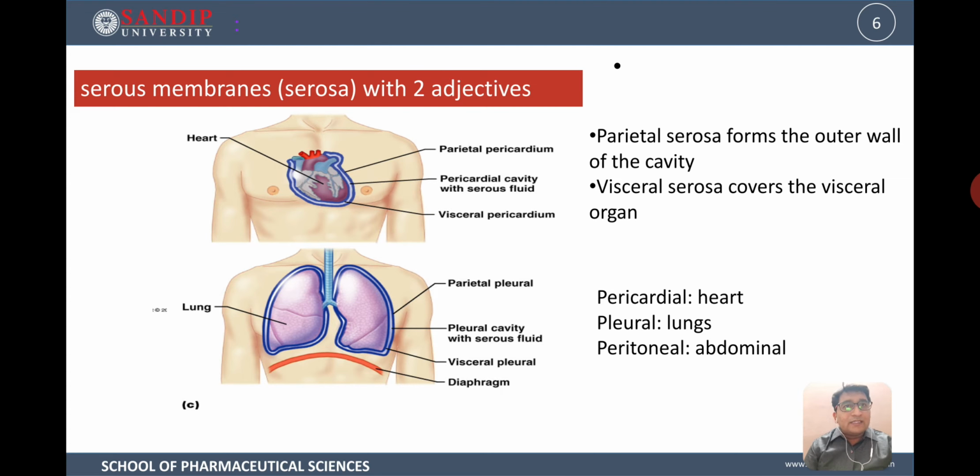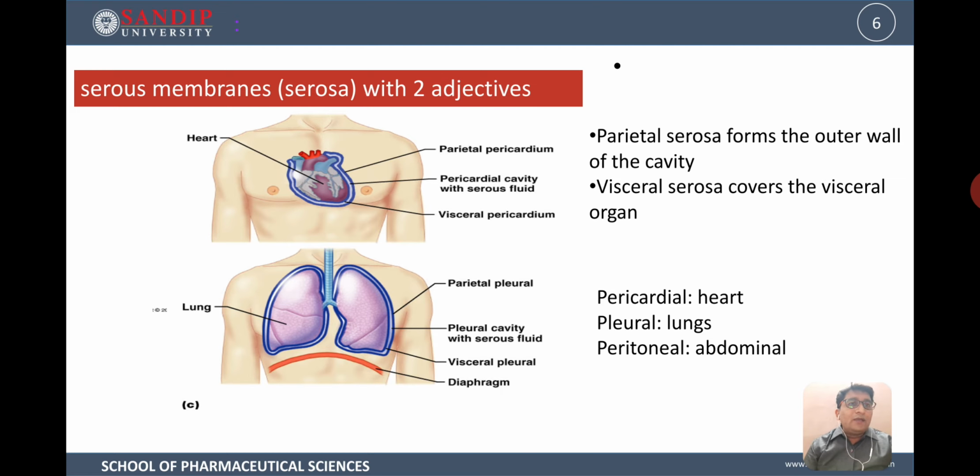The next one is the pericardial cavity. It means a hollow space. Whenever you observe a hollow space, that space is nothing but a cavity. There is a pericardial cavity with serous fluid.